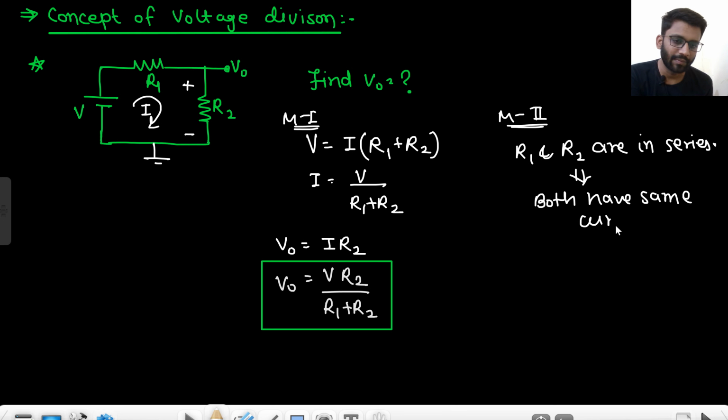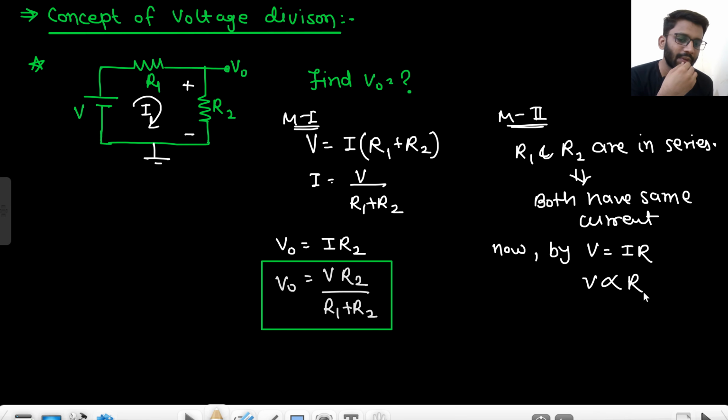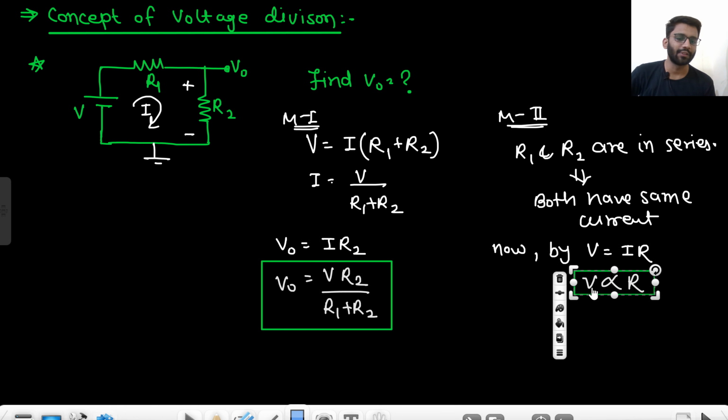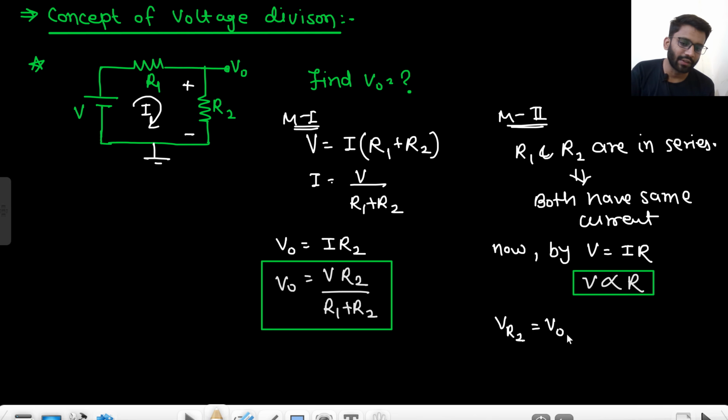Now, by V equals IR, if current is same, that means V is proportional to R. If current is same, then your V is proportional to R. That means the voltage across the R2 resistor, or your V naught, is equal to R2 upon (R2 plus R1) into V.